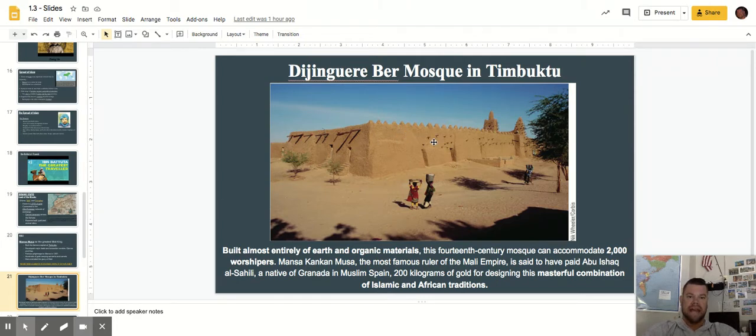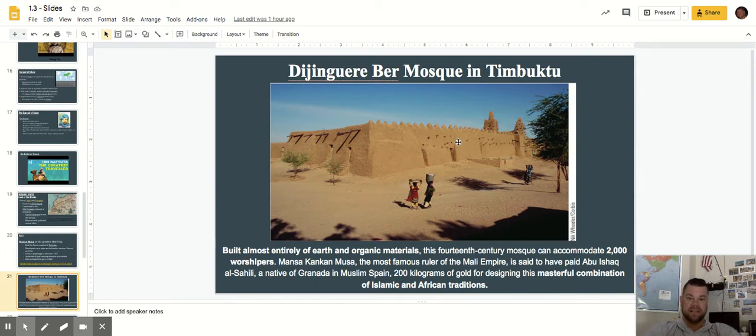Again, that to me looks nothing like a mosque. I think of the Hagia Sophia in Istanbul as a mosque, or I think of the mosque in Jerusalem, or a mosque in Saudi Arabia, or the Taj Mahal. Even, like, that's how I picture a mosque.